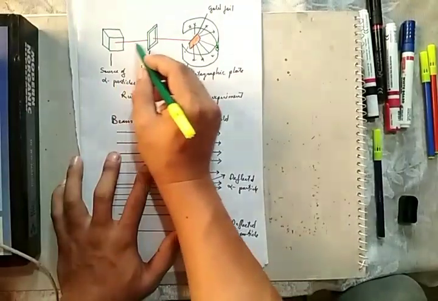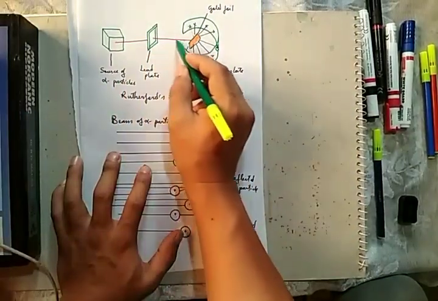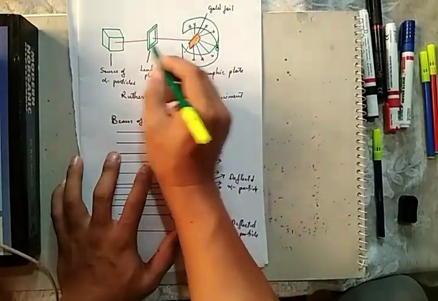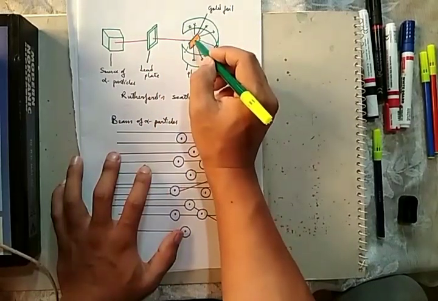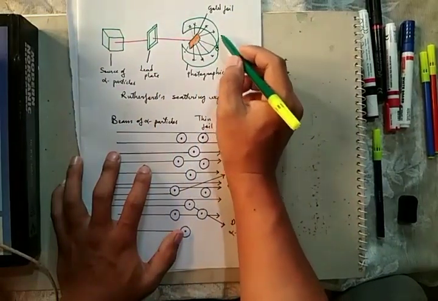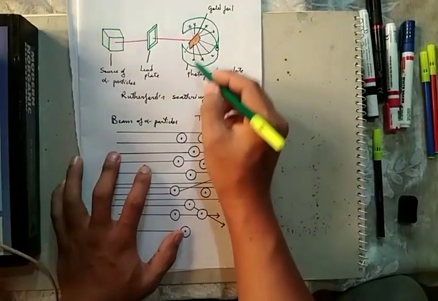So most of the alpha particles penetrated through the lead plate and the gold foil and struck the photographic plate.